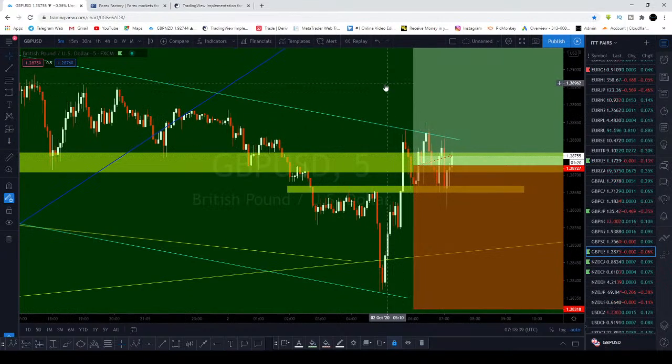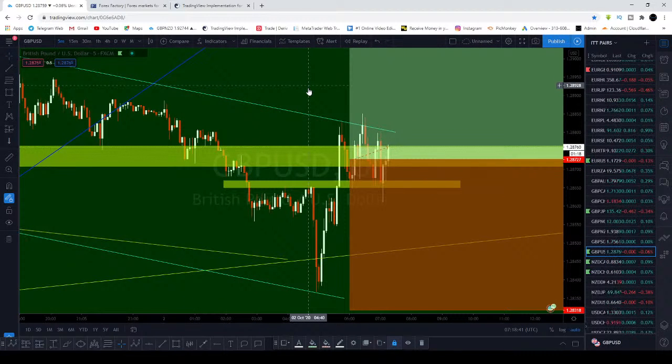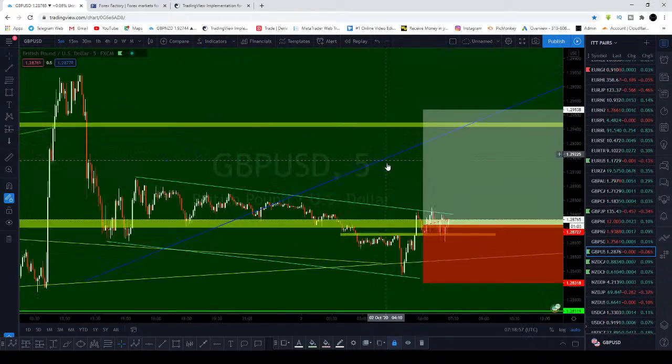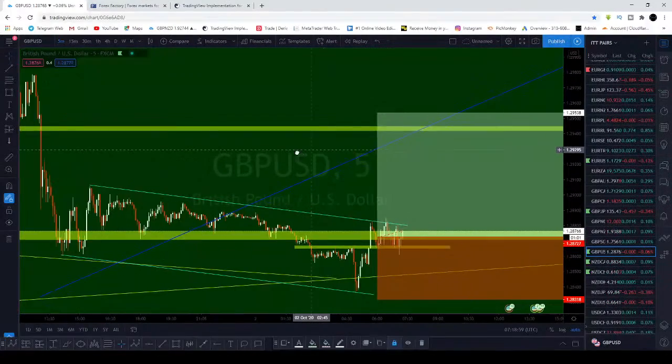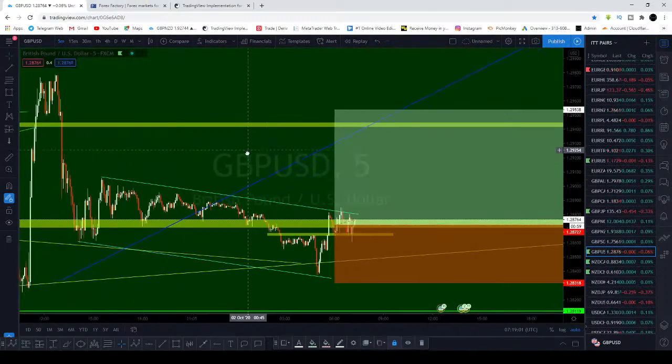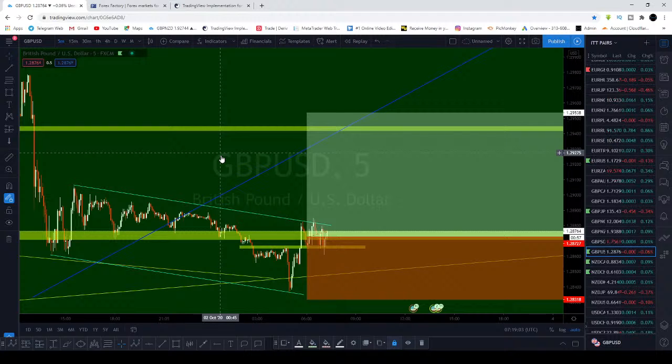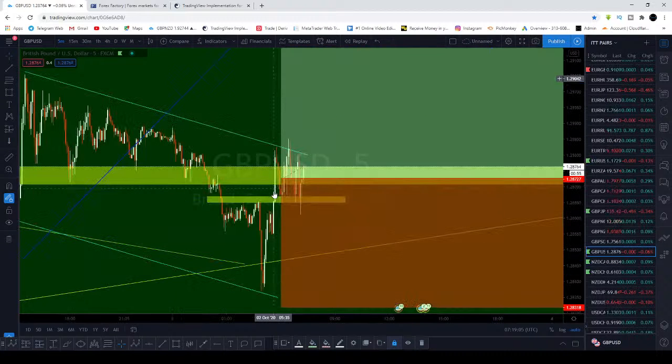So you can see it's trying to break out of this. Let's go. So this is our entry point around price 1.28727. That's where our entry point is. We are buying this particular pair, which is GBP USD.